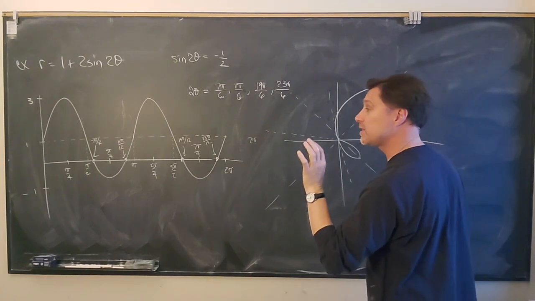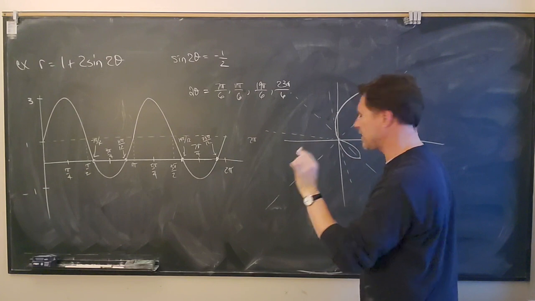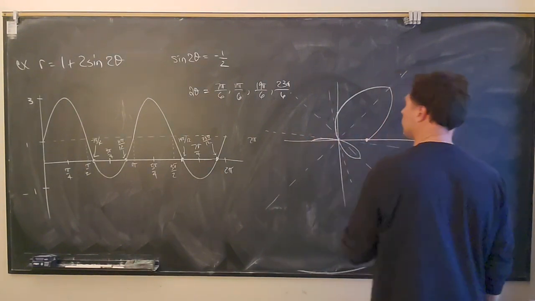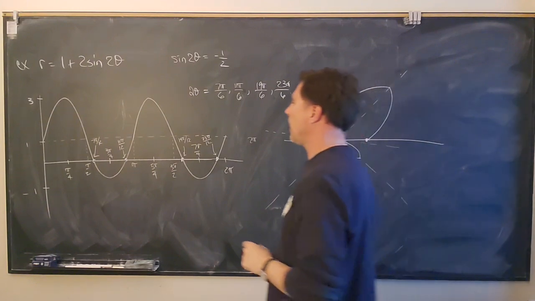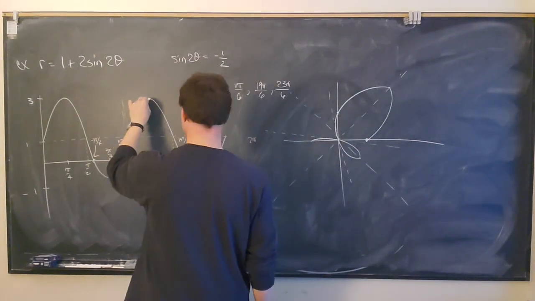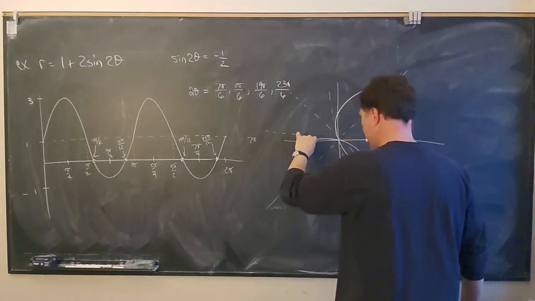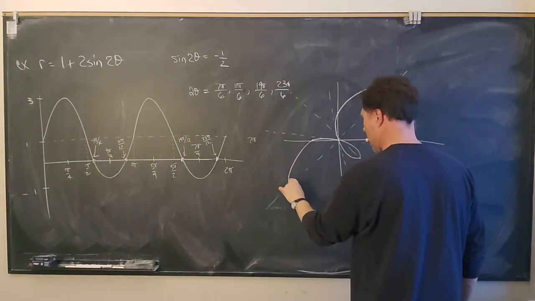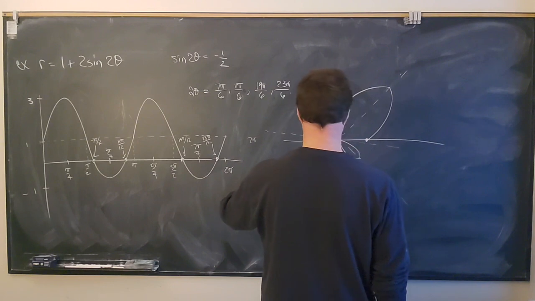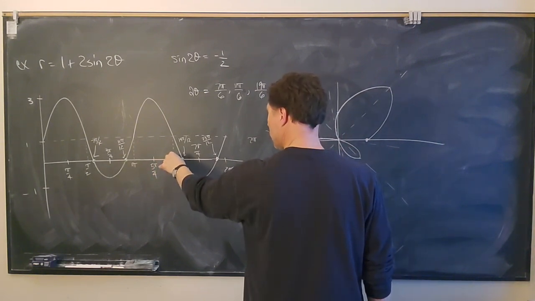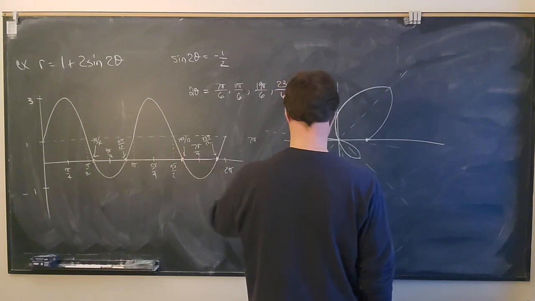It's going from 0 to, or sorry, positive radius, going from there to 1. And then from pi to 5 pi over 4, we're going from 1 out to 3. And then from 5 pi over 4 to 3 pi over 2, we're going from 3 back to 1.